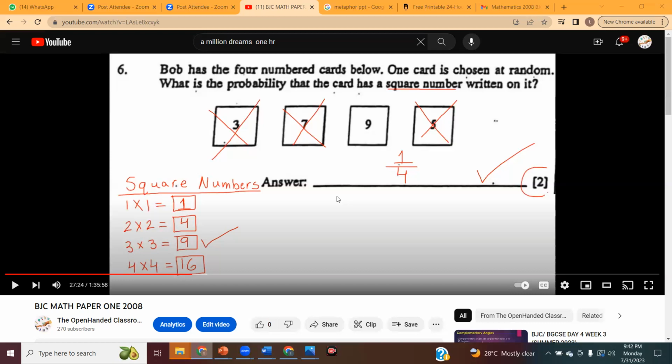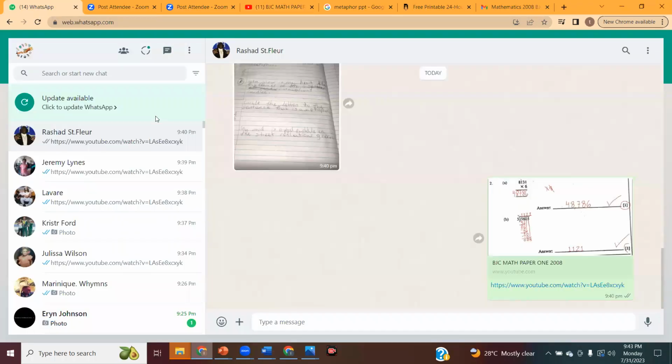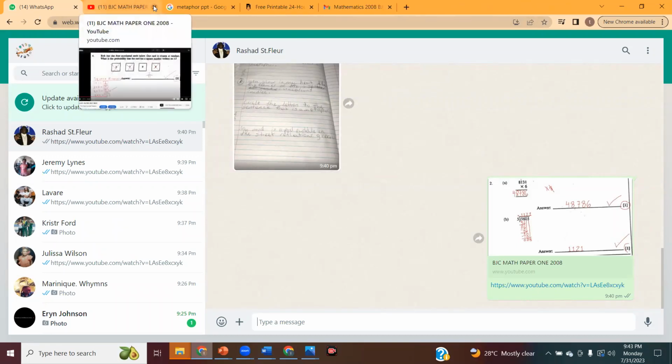Now, you get extra time, so your work cannot be sloppy. Make sure it's written properly. Use a pencil. Don't use a pen. Yes, sir. And make sure everything is written properly. Like I said, use the video. Let me send the video to you. Oh, I already did. Good. So do that for me, and I'll see you tomorrow. Thanks. All right, take care.